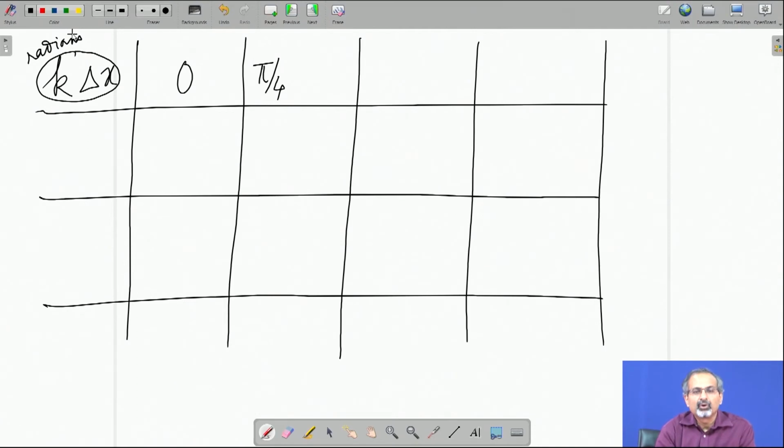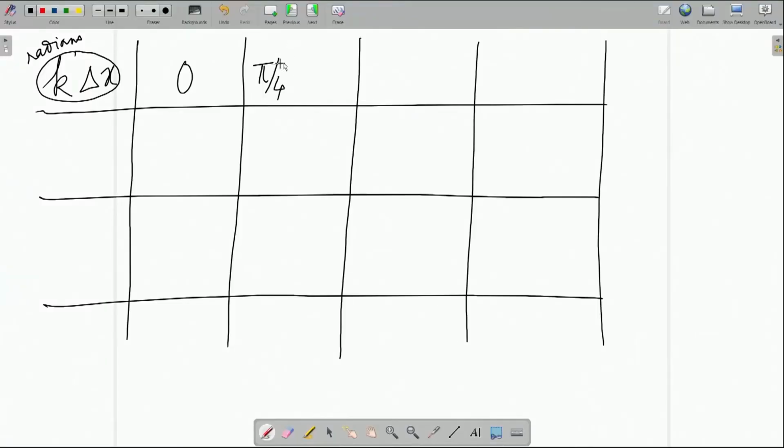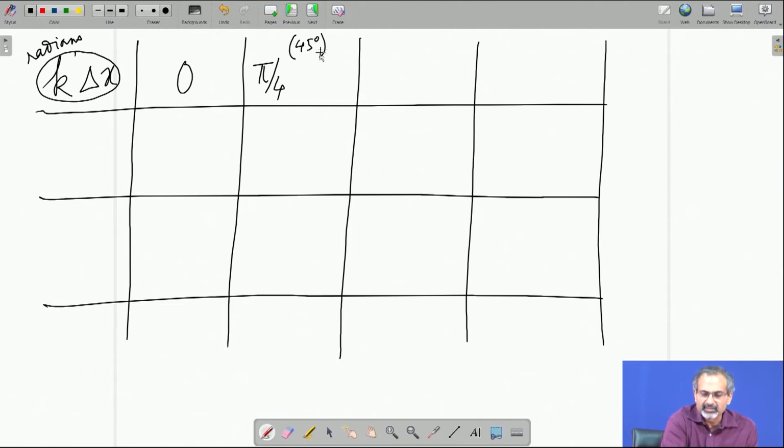So, when we operate the sine or cosine operator on the angle, we know that we apply the expression in terms of radians. So, I choose radian values of the angles, say pi by 4, which essentially means 45 degrees. So here the k times delta x will have a value of 0.785.